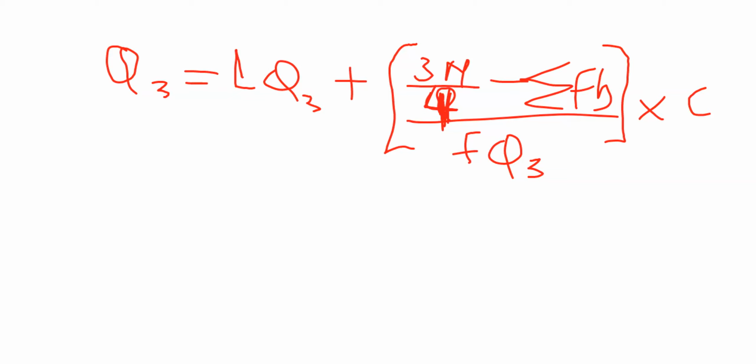The L there means lower class boundary as it relates to quarter 3. N, we all know n. Summation of FB means summation of all the frequencies before the quarter 3 frequency.